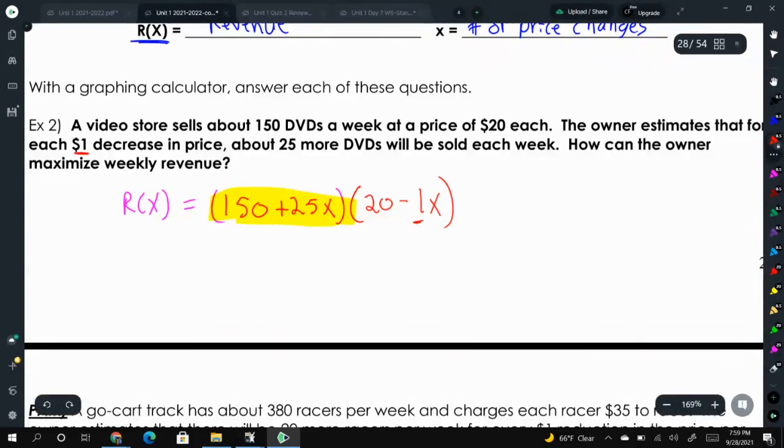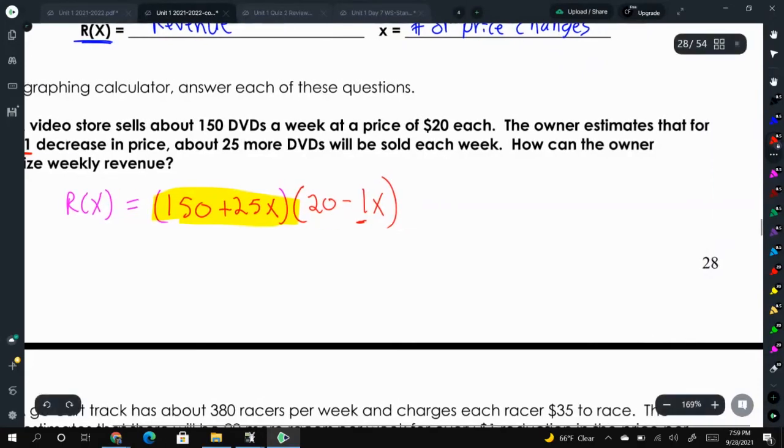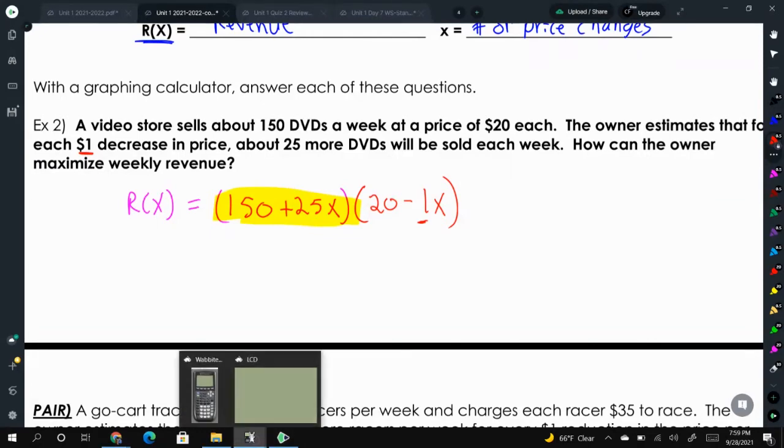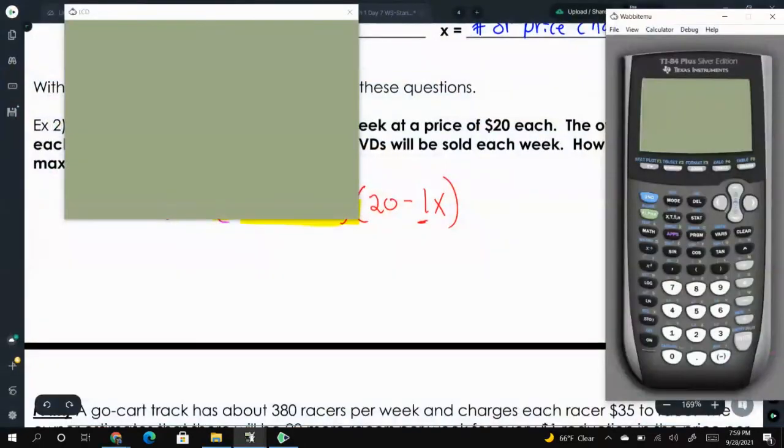That's why it's 1x. Now, yes, mathematically, you don't have to write the number 1. I just did because I want you to see how that $1 decrease plays into this equation. So how can the owner maximize their revenue? We have to find the maximum. Well, I know that you guys could find the maximum here. This is an intercept form. But now that we have our tools, our graphing calculator tools, let's look at that.